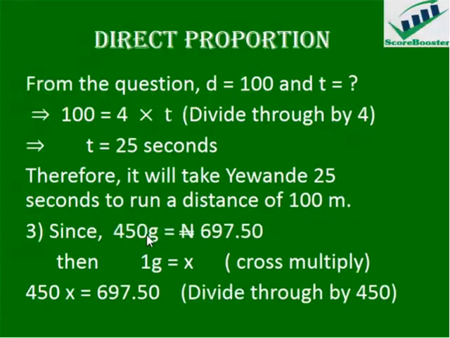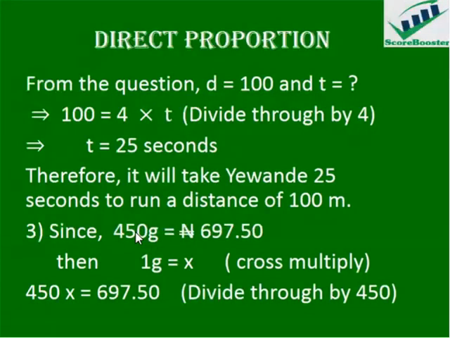So if 450 grams of mushroom costs 697 naira 50 kobo, 1 gram we don't know the cost for. So that is why I represent it with x. So what will you do? You cross multiply. Cross multiplying means you multiply what is on the left hand side of the equal sign of the first statement with what is on the right hand side of the equal sign in the second statement.